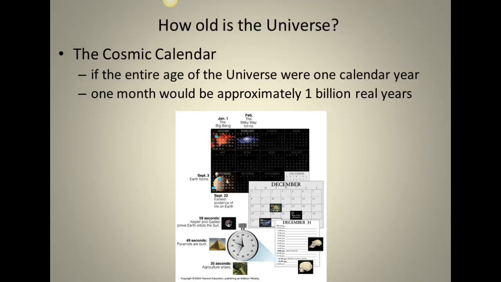Now, if you look at this diagram above, you can see some significant events and when they occurred. According to our calendar, the Big Bang occurred on January 1st.